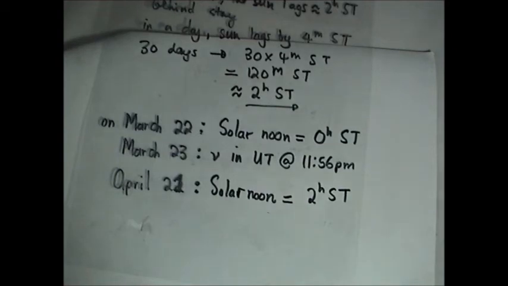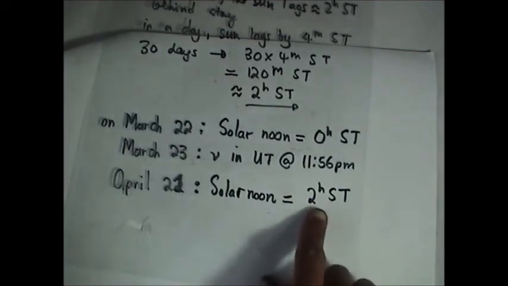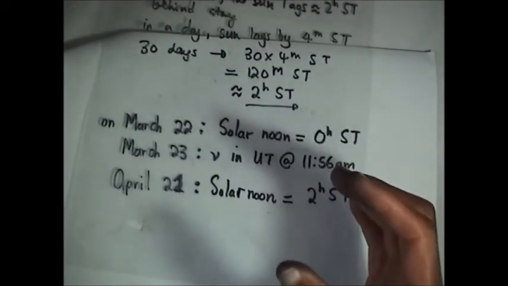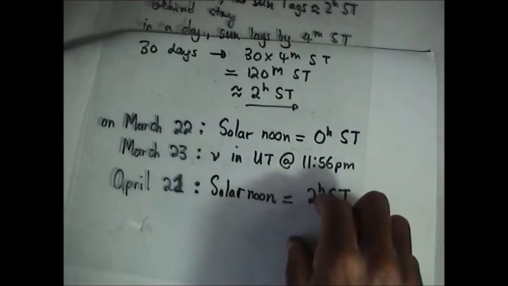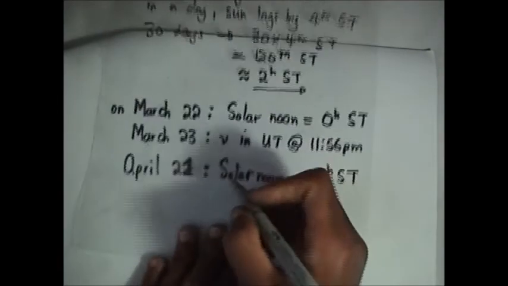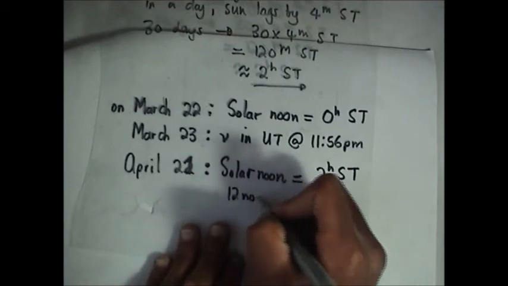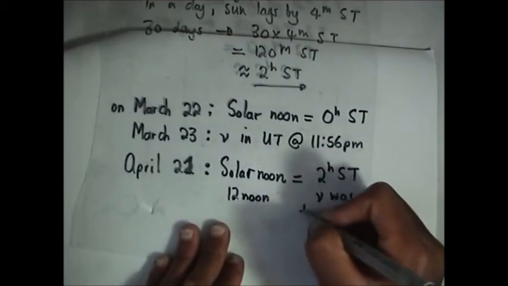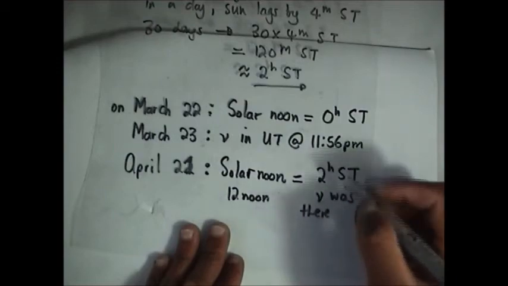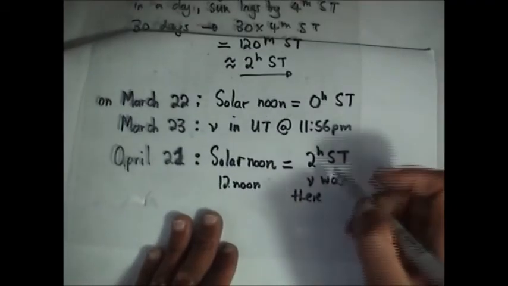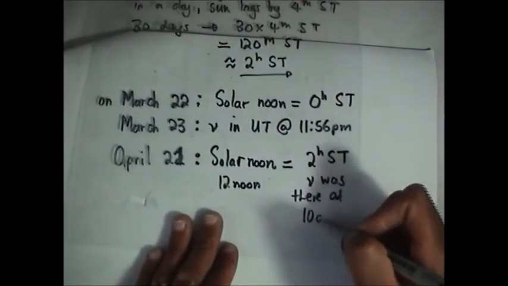It means V is long past, because sidereal time measures how far V is from the celestial meridian. So if V is 2 hours above the celestial meridian, and we are considering the celestial meridian at 12 noon, it basically means V was in upper transit, at the celestial meridian, at 10 a.m.